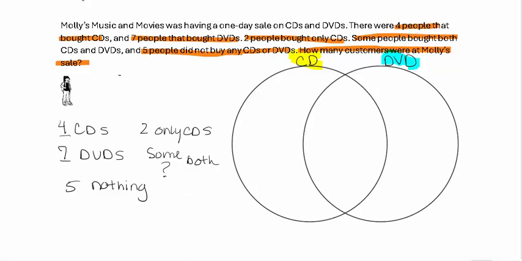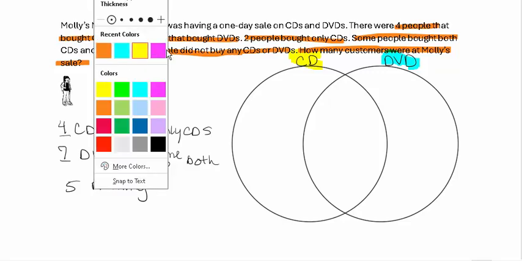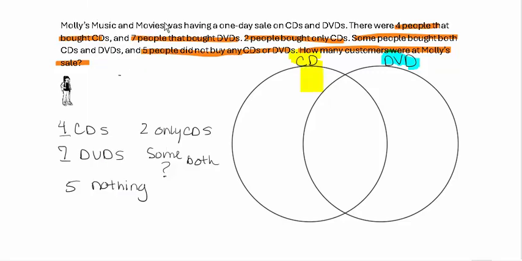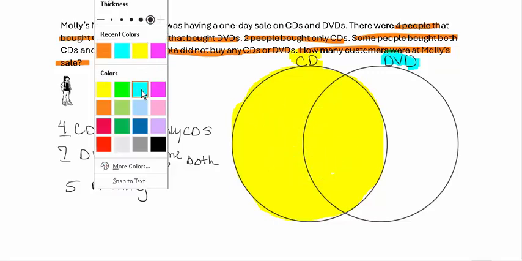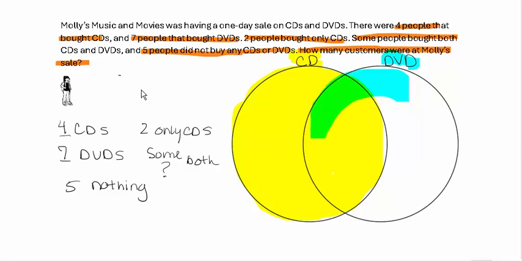So let's take a look here. So Venn diagrams are ways to organize information. This circle here, we're going to keep track of all of the people that bought CDs. So this yellow circle is everybody that bought CDs, and this blue circle is everybody that bought DVDs. So I have these little people here.